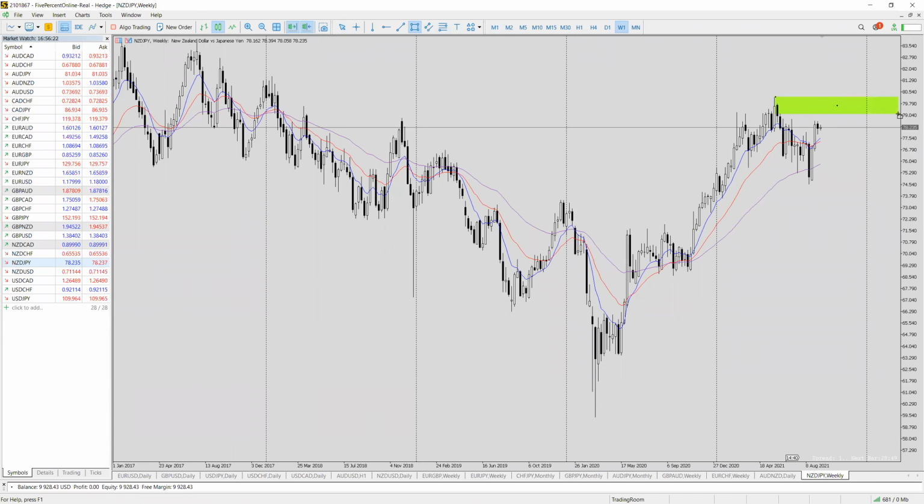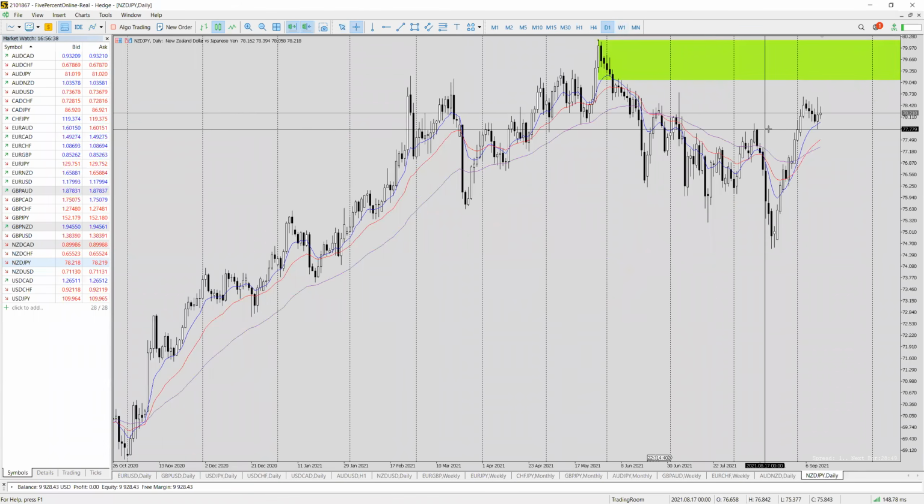And on the weekly chart, obviously it has supply here. So if it continues higher, the first target would be around the bottom of the supply. It could move lower from here towards the moving average, or this resistance area. You see there's some sort of a retest already.